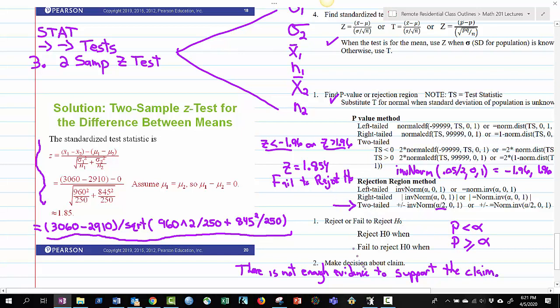Had we rejected the null, then this would have been there is enough evidence to support the claim. But because we failed to reject it and the claim matches the alternative, that means there's not enough evidence to support the claim. That's it for this one. I hope you find this helpful.